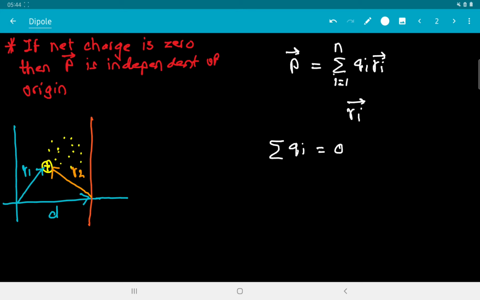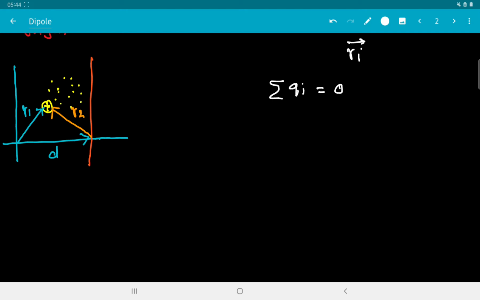First, let us see the proof. Suppose we have this charge distribution in which we take a positive charge, and let us try to apply the definition of dipole moment to this positive charge. This positive charge is at a distance r1 from, let us say, this origin O1, and at a distance r2 from this origin, let us say, O2.